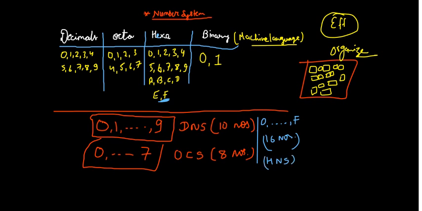Why is this used? Well, if you have ever encountered ASCII code, or even if you haven't, don't worry about that. Like you are seeing colors right now on your board: red, white, blue, yellow, all kinds of colors.